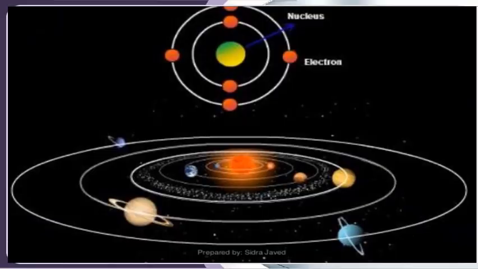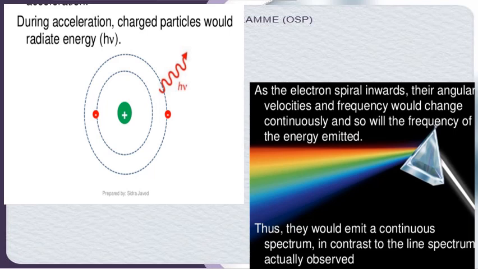If you remember, there were a few defects in this atomic structure. If you consider it like planetary motion, the electron is continuously revolving around the nucleus. This is just a repetition of how Rutherford's atomic model was found defective.